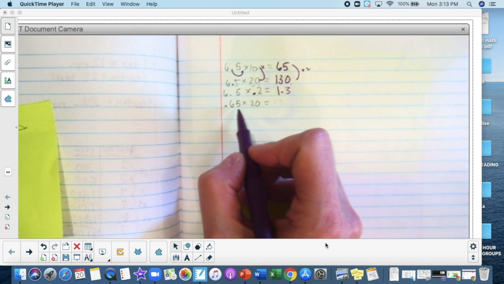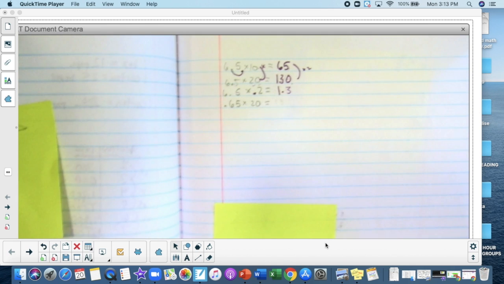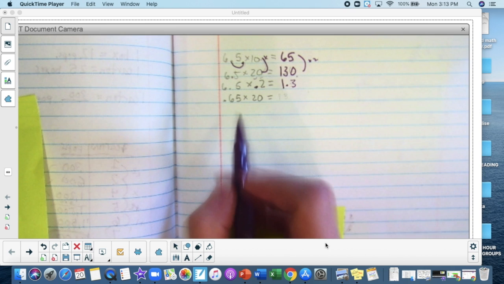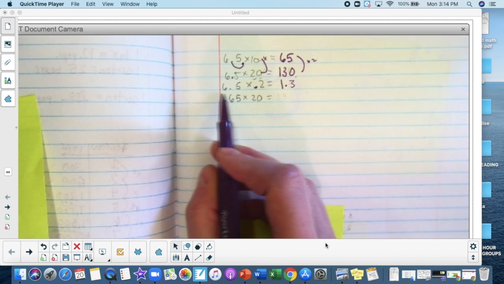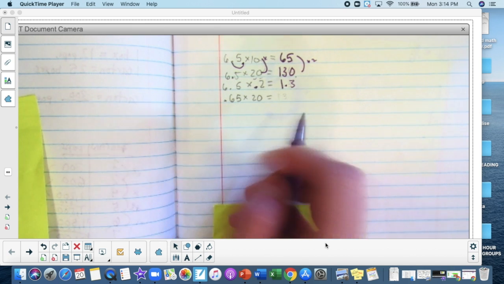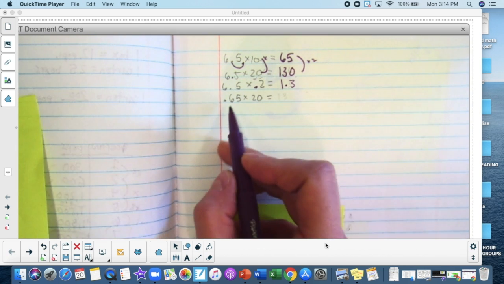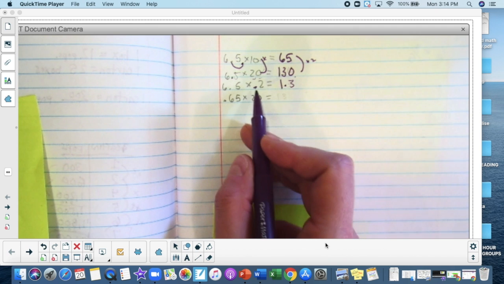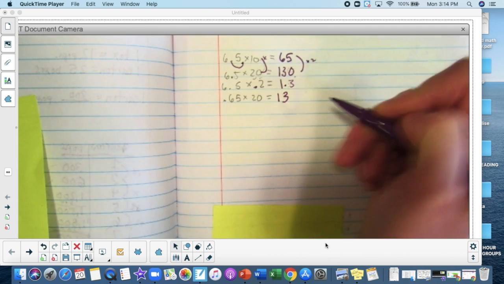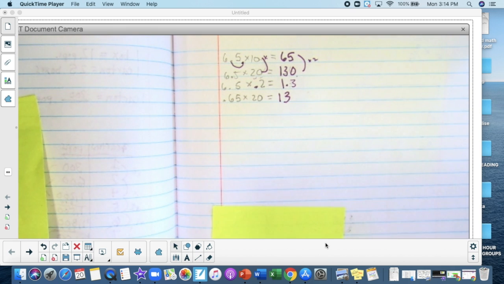Then I have 65 hundredths times 20. And with this one, my decimal has moved 1 over to the left from here. So when I'm going to be doing that, my decimal moved over 2 this way. So my answer for that is 13, okay?